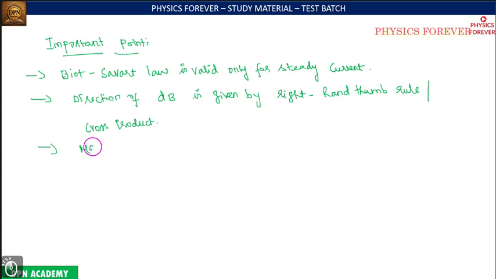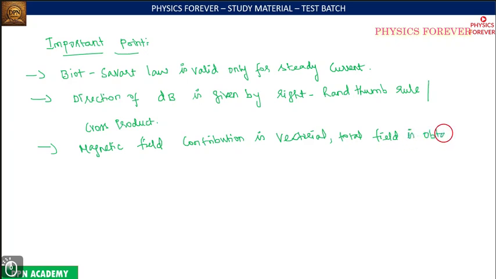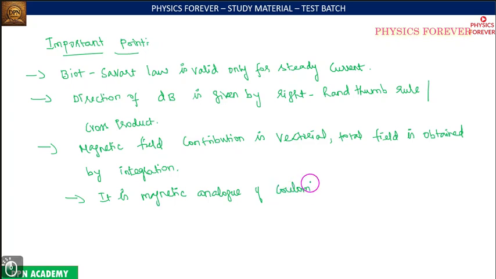Then third one, the magnetic field contribution is vectorial, and the total field is obtained by integration. When you do these mathematics steps, all of this will definitely be useful to you. Next, it is the magnetic analog of Coulomb's law in electrostatics.